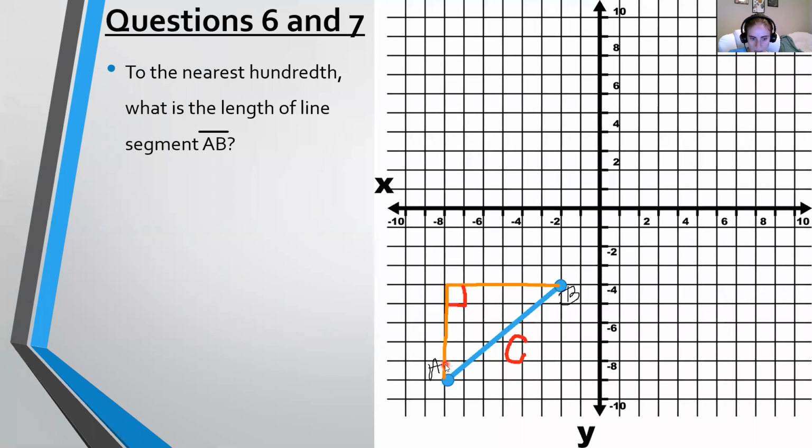So we have 1, 2, 3, 4, 5. So this leg is 5 units tall. And then our second leg, 1, 2, 3, 4, 5, 6. It is 6 units long.